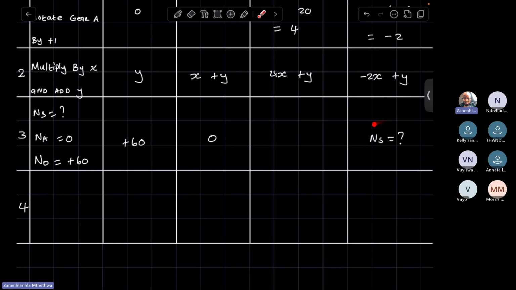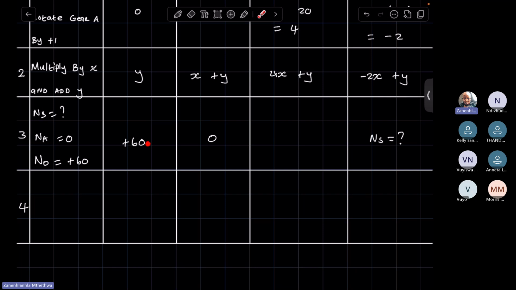What you do now is you have to establish equations that you are going to solve simultaneously to determine what we are looking for, in this case the rotational frequency and direction of rotation of the sun gear. And the way you establish those equations is you simply equate the second condition with the current condition.